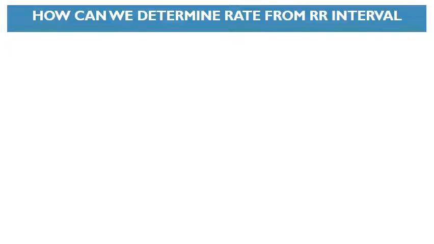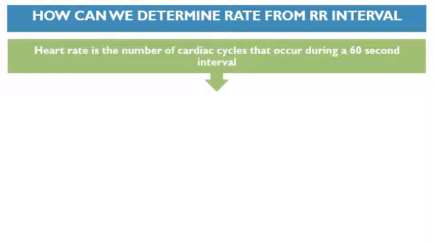How can we determine heart rate from RR interval? Heart rate, if we discuss in terms of ECG, is the number of cardiac cycles that occur during a 60-second interval or during 1 minute.